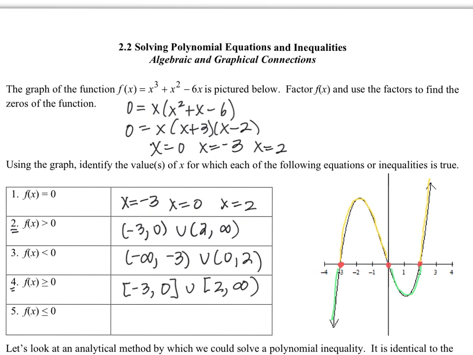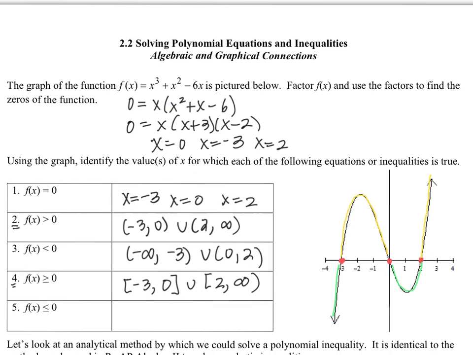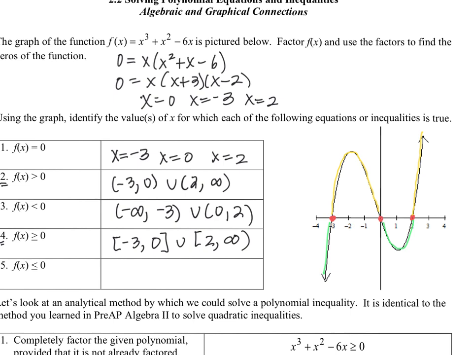Notice the infinity does not have a bracket. It never does, because it's not a specific number, so you just leave it as such. And then number 5, less than or equal to, is basically the same as number 3, just with brackets where it is equal to 0. So this is from negative infinity to negative 3, bracket, and then from bracket 0 to 2, bracket, on both of those.